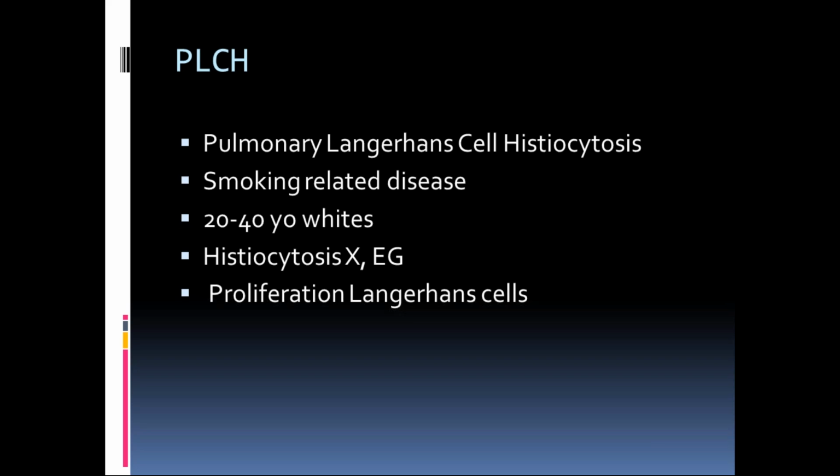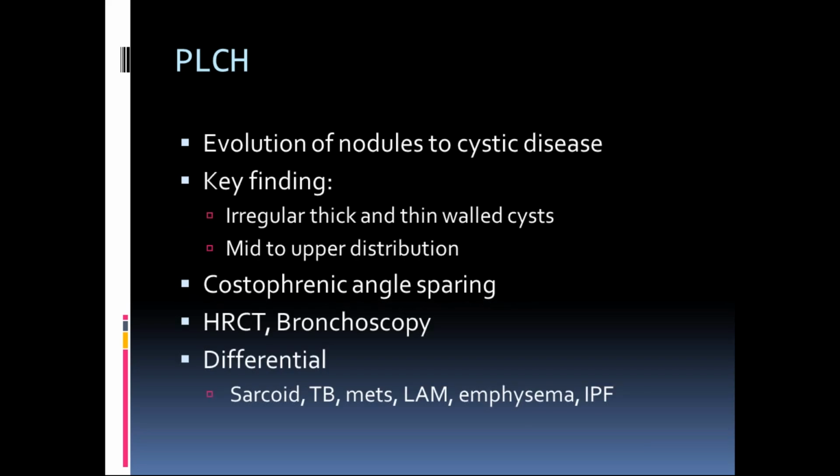But we'll focus on just the pulmonary findings as far as PLCH. So what can we say about it? If you think about how it actually evolves, it will help you in determining the differential.